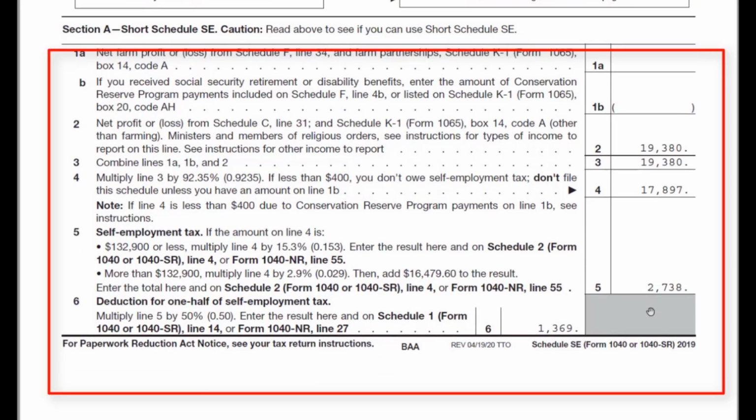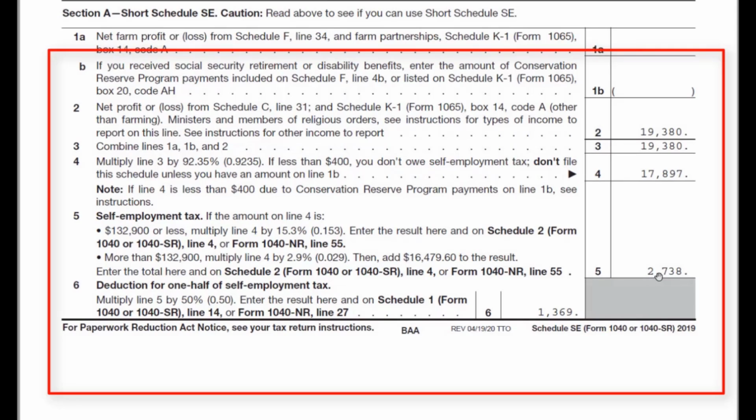That gets her to a tax liability of $2,738. But she gets to deduct half of that on her Form 1040, page 1, and then she owes all of it on her Form 1040, page 2. So essentially, she's really just paying for half because the other half is a deduction for her.